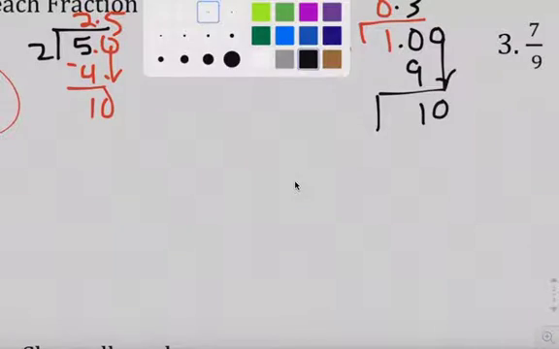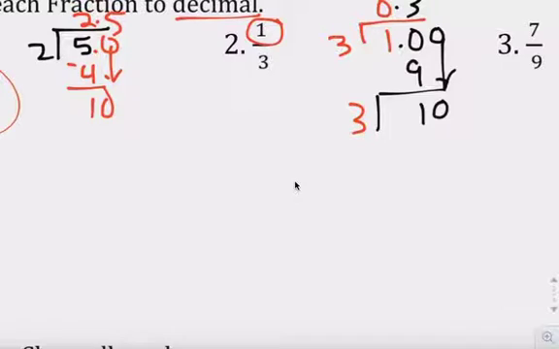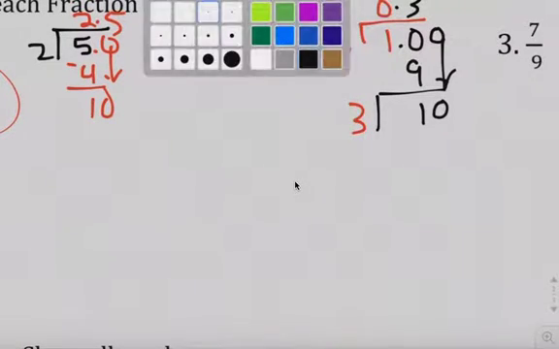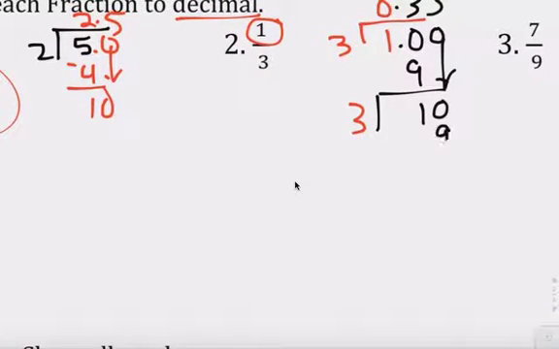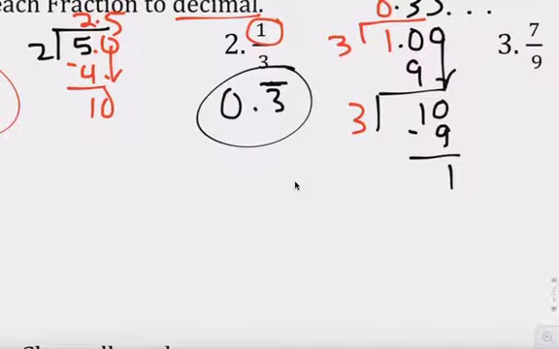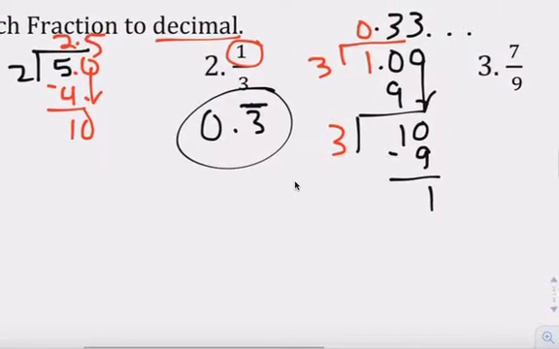The same, 3 into 10. Goes in 3 times. 9. Next one. It keeps repeating. So your answer is 0.3, repeating on the 3. That's your answer. This keeps repeating. Okay?